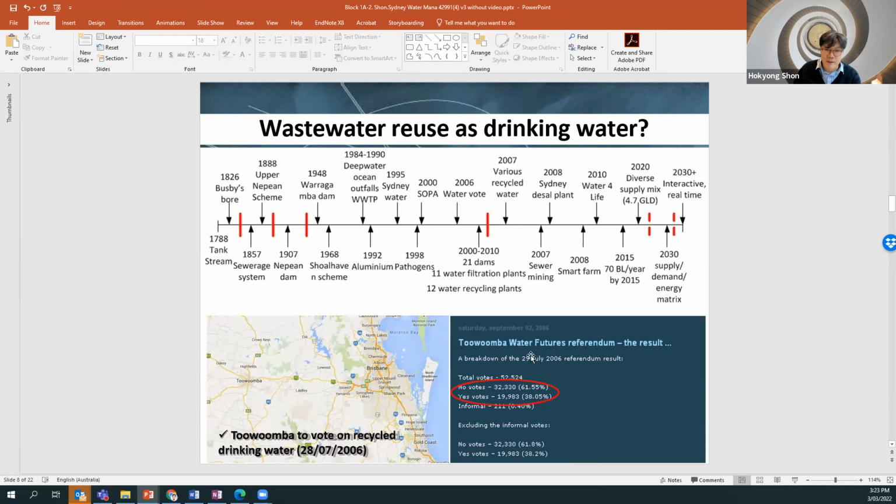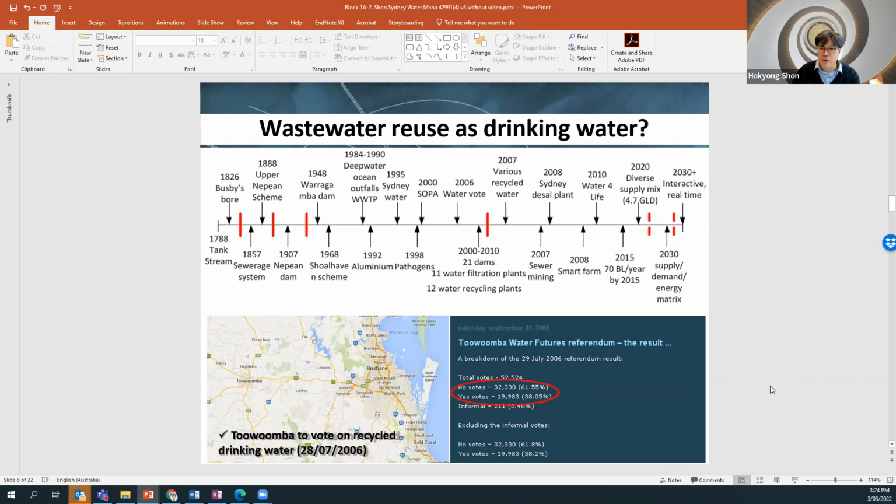They voted on whether you want to drink recycled water in your tap water system. And then people said no and yes. Almost 61% of people said no. That's the reason why it didn't happen, to drink the recycled water.